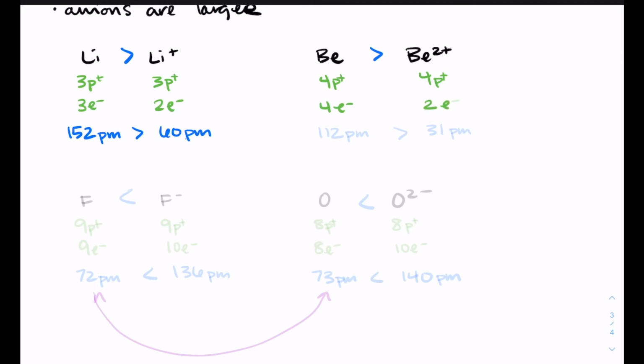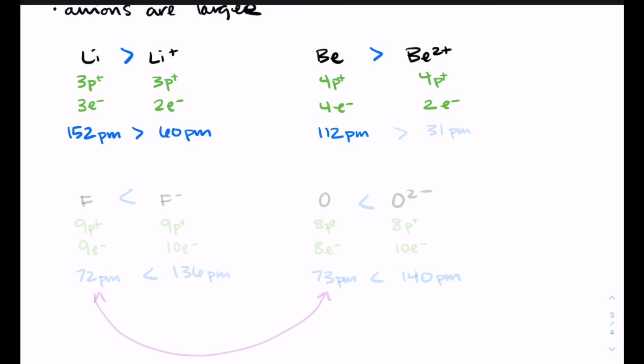You would expect a much stronger attraction, which gives us a smaller radius, which we see if you look up the actual published data. Lithium has a radius of 152 picometers. Lithium plus is like 60 picometers. It's much smaller than the neutral atom.